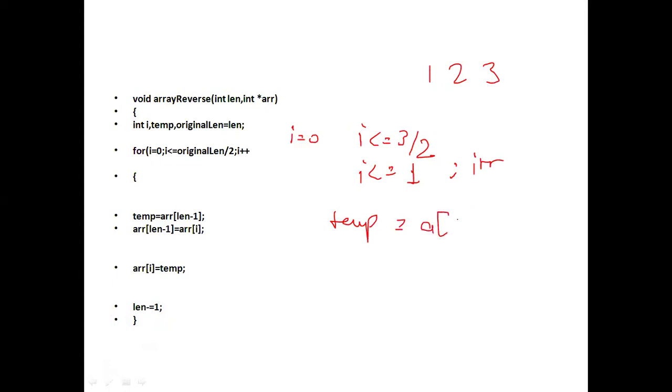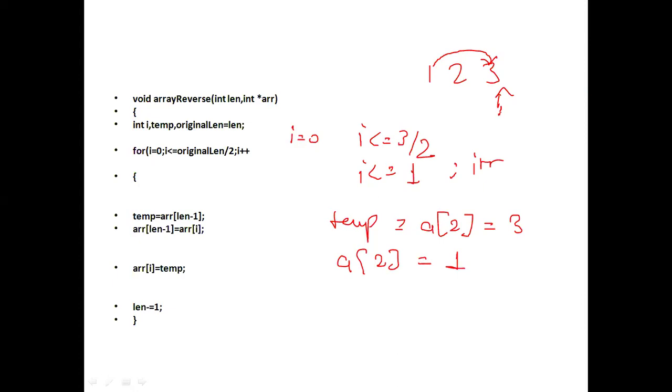Len is 3, 3 minus 1, so array of 2. So temp is storing array of 2. Array of 2 value is 1. So temp is storing 3. Then array of len minus 1 will be storing array of 0 value. So array of 2 is storing 1 now.